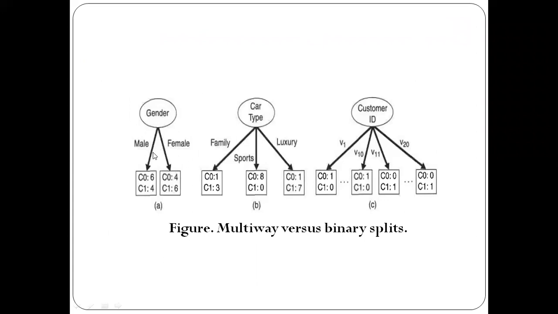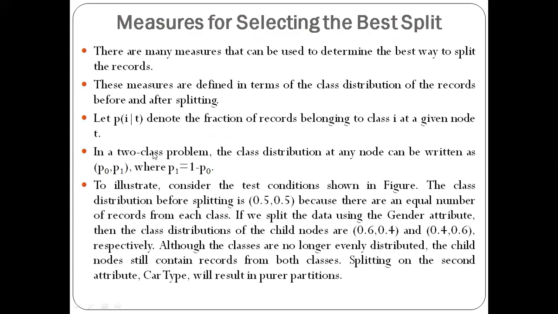Now after performing the splitting based on the gender attribute, the number of records belonging to the nodes will be based on the actual occurrence.